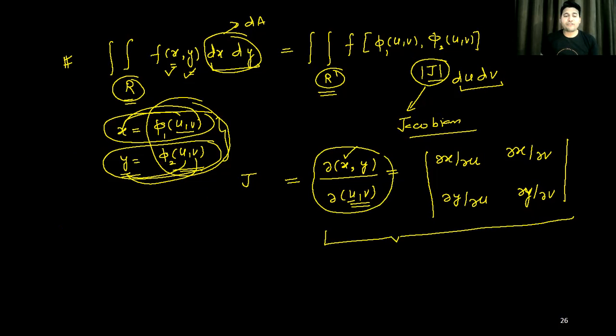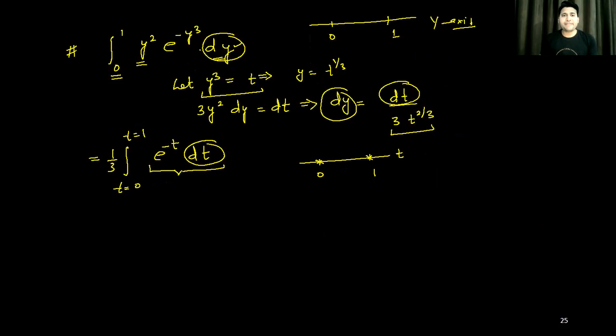Because in the case of one variable, if you see the previous slide, we need to replace dy by dt, dt upon what? This quantity is the rate of change. It's not only that we are just changing dy by dt.